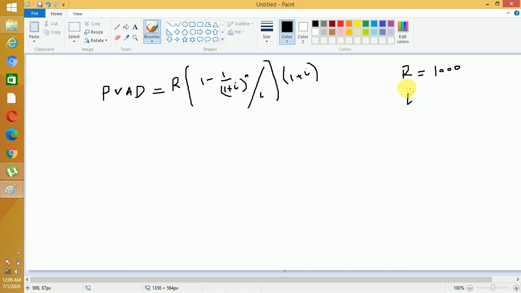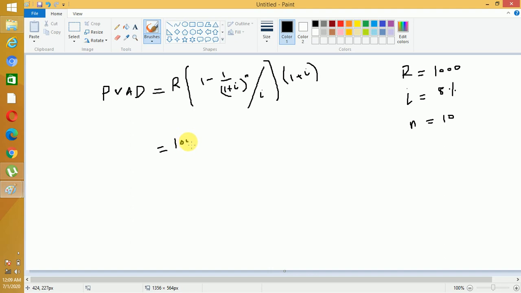Suppose now our annual payment is $1,000, interest is 8%, and the number of years is 10. So what will you do? You will put the values. What is R?